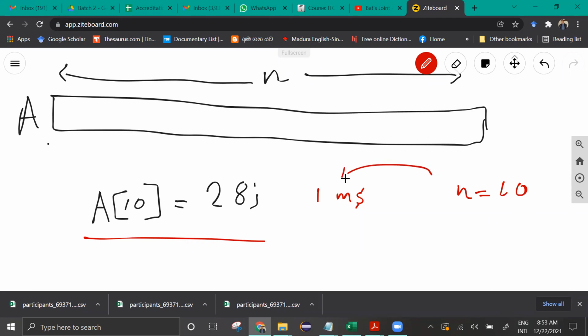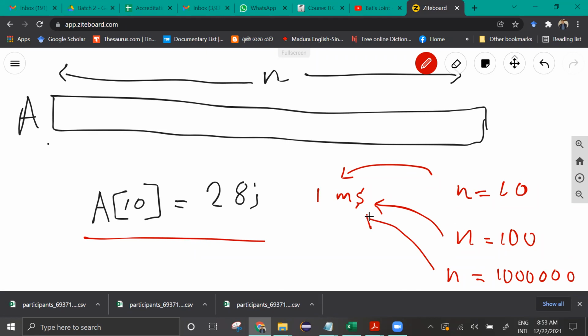It takes 1 millisecond. If array size is 100, still it takes almost the same time. If array size is 1000, or 10,000, 100,000, 1 million, the time would be the same. Because this activity does not depend on the array size.